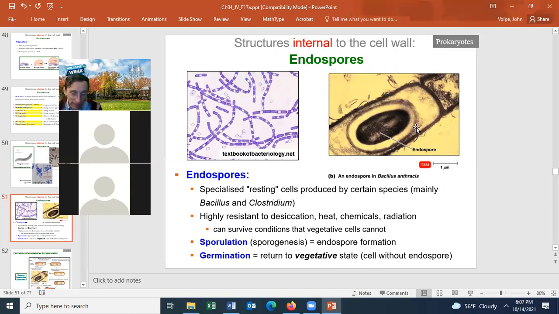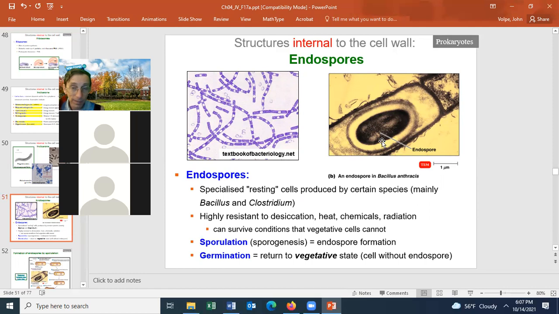The vegetative state is when the cell is metabolically active, doing its thing. It might be moving if it has locomotion. And it's metabolically active, and it's reproducing. Whenever the environment is favorable, that's what the vegetative cell will do.